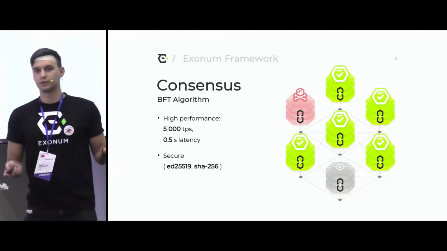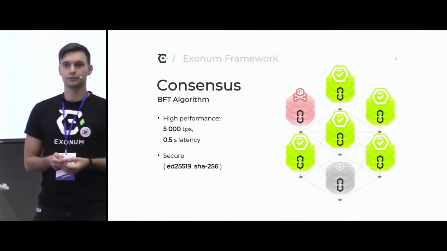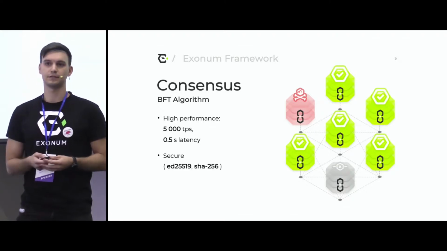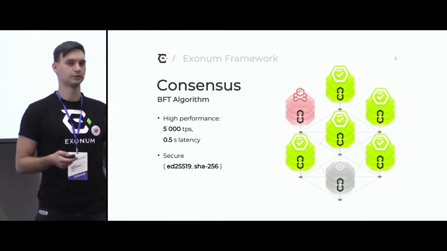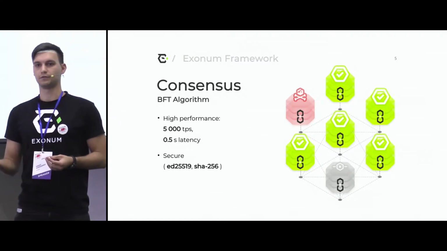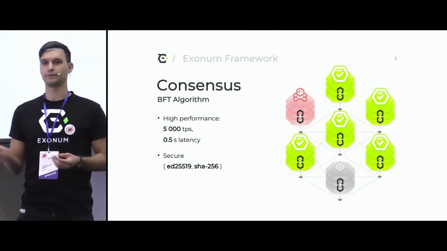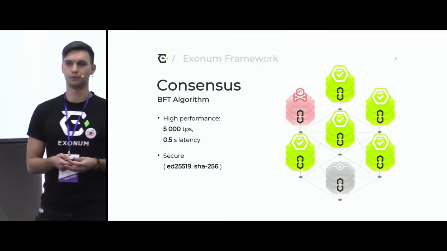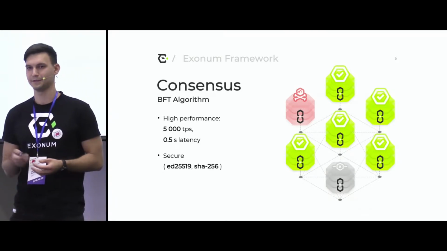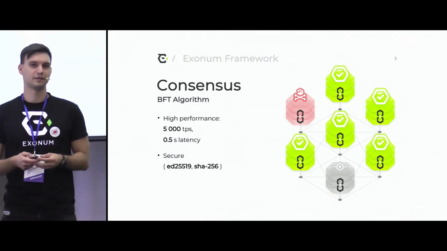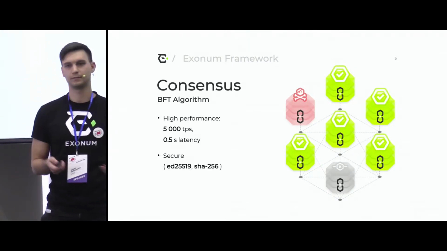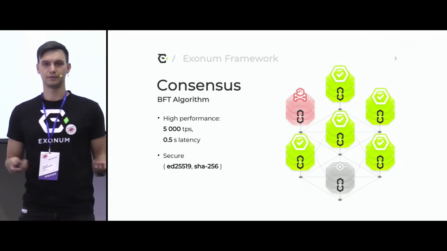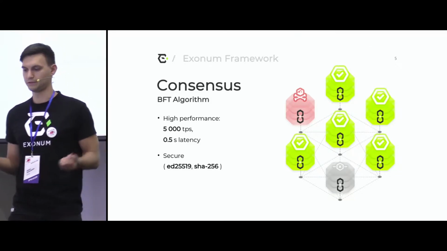As consensus, we're using BFT consensus, which we built ourselves. It allows a transaction processing speed of up to 5,000, and the latency is about 0.5 seconds. It's mostly for network delays, plus block issuing, and we're using standard algorithms that everyone in the industry uses.